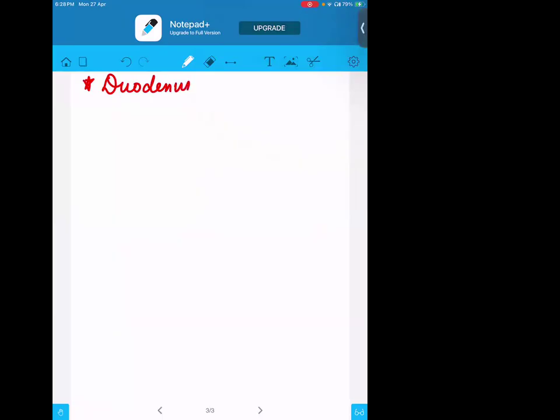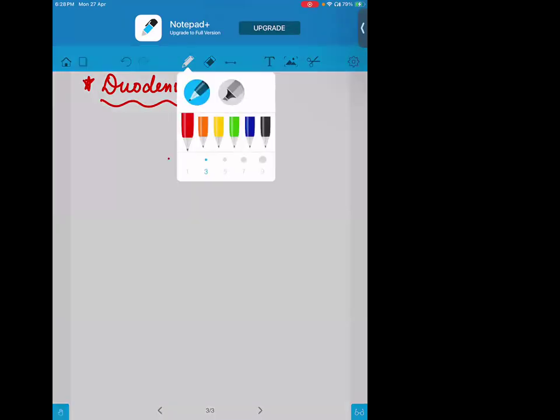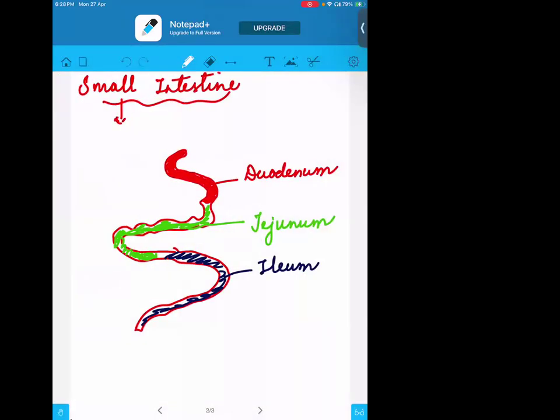So the first part is the duodenum. The first part of the small intestine is the duodenum. As you can see in the diagram itself, the first point says that it is the first and the shortest part. This is the first part, right? This is the shortest part. This is the center part, the second part. And this is the last part, which is the longest.